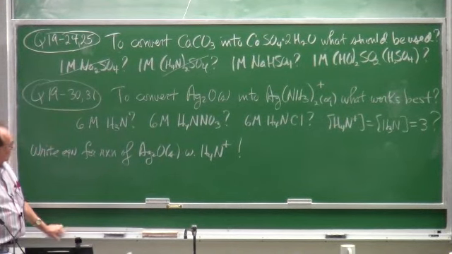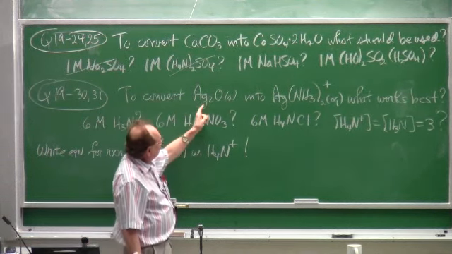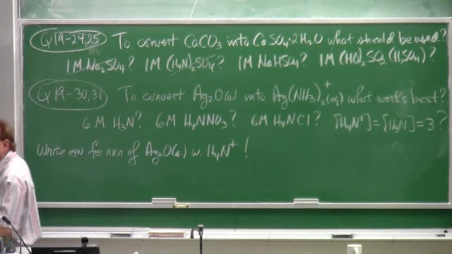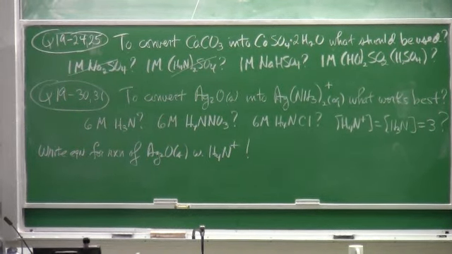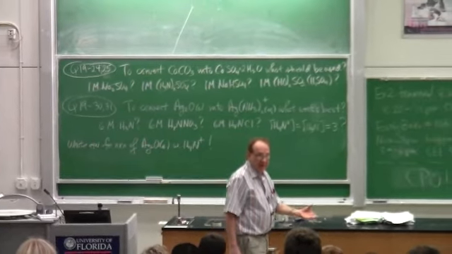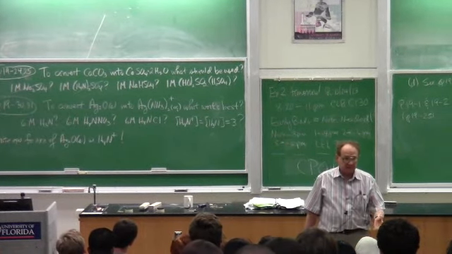We've got 4 possibilities. Because if I'm going to turn this into this, what chemistry do I have to bring about? Well, can we say flatly for starters, we have to supply ammonia. Can't make the silver ammonia complex ion if you don't supply ammonia. Fair enough?